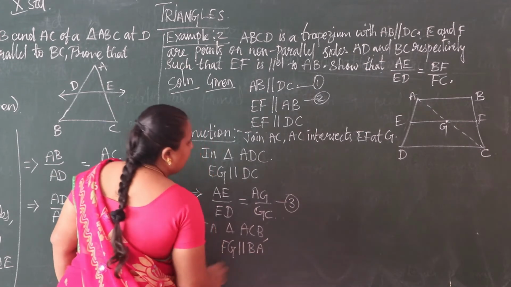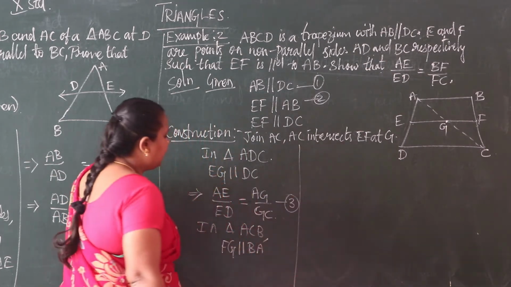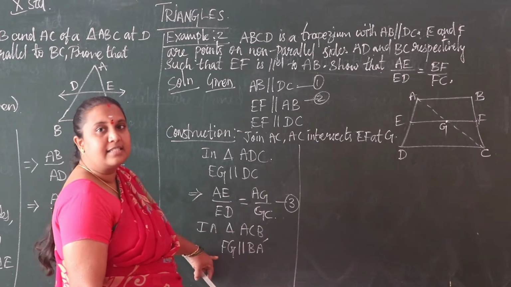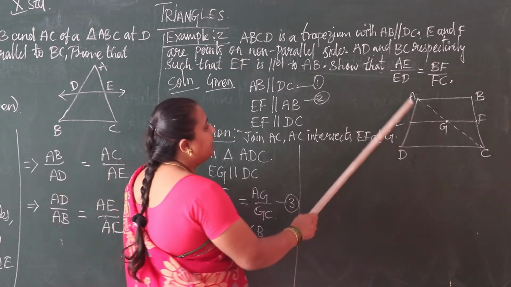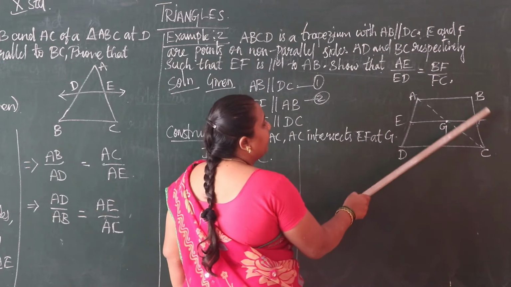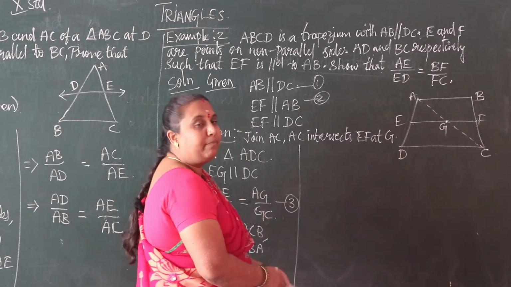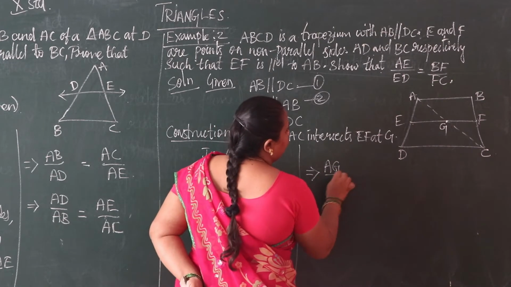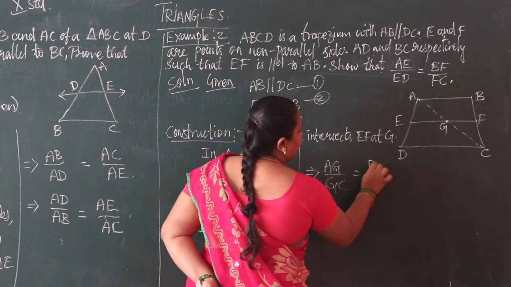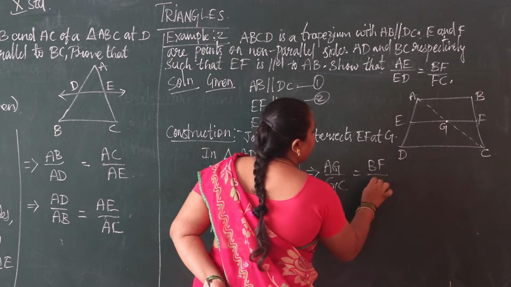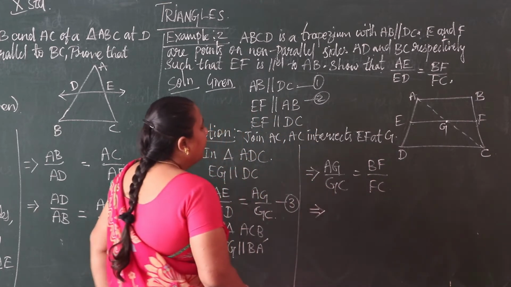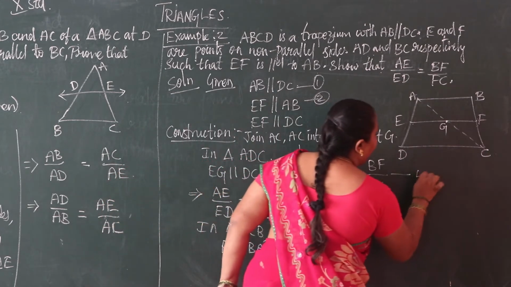So by this we can say the sides are in the same ratio. That is AG by GC equals BF by FC. This is equation number 4.